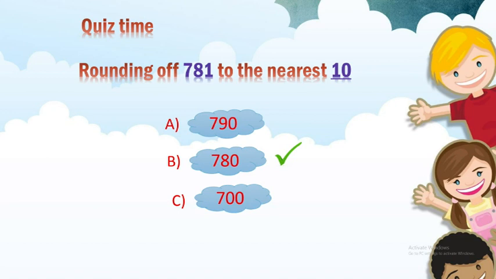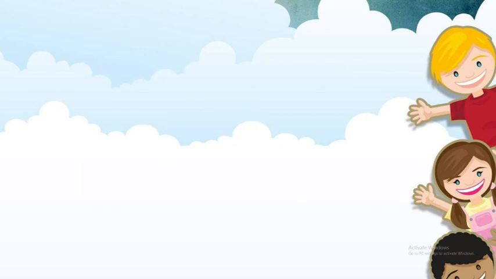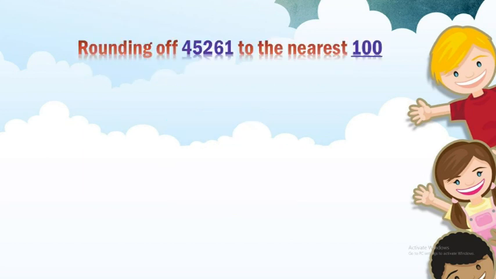Okay, students, now look at the second question. Rounding off 45,261 to the nearest 100. This time you are going to round off this number to the nearest 100. Okay, here are the options. Option A, 45,300.